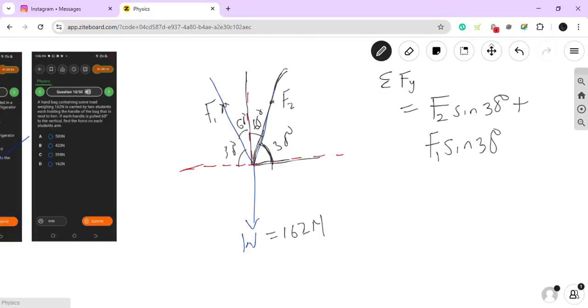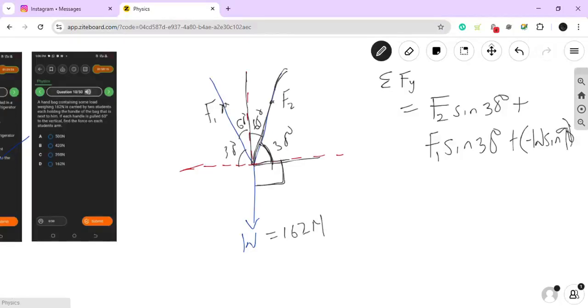Then minus W sine 90. Now you should know the reason I'm picking minus, because it's a downward force. That's negative y-axis. And the angle between the line of action and the horizontal here is 90 degree. You can see it's perpendicular, so sine 90.